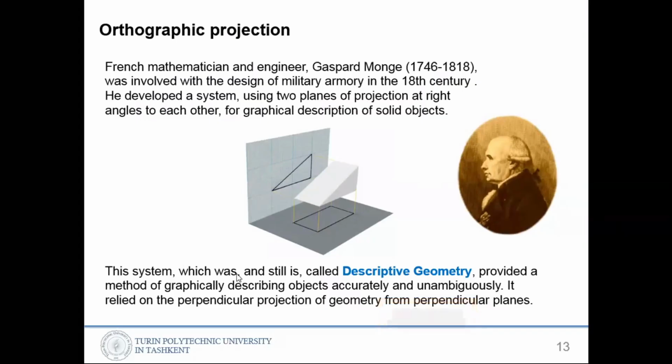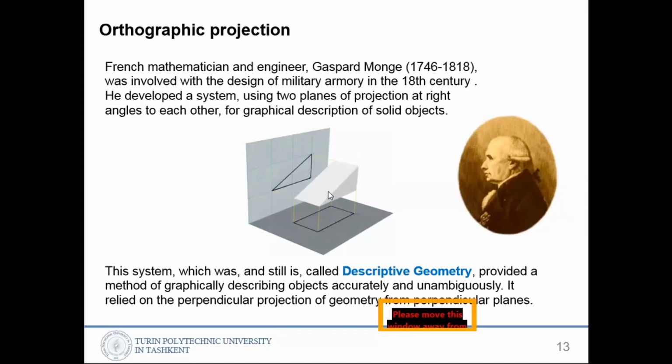This system, which was and still is called descriptive geometry, provided a method of graphically describing an object accurately and unambiguously, and relies on perpendicular projection. For example, if you see from the top, you will project it like this, the top projection, and then from the front, you will project it to this wall and onto this two-dimensional paper, like a triangle. So you are not having this kind of prism. Okay, so by seeing these projections, you imagine this part in your mind.